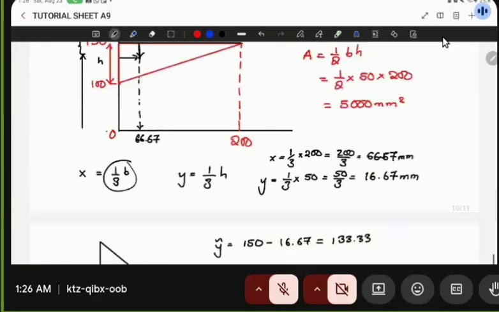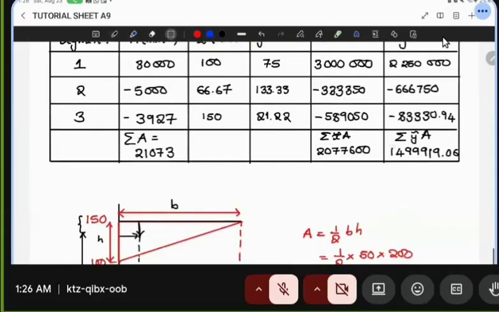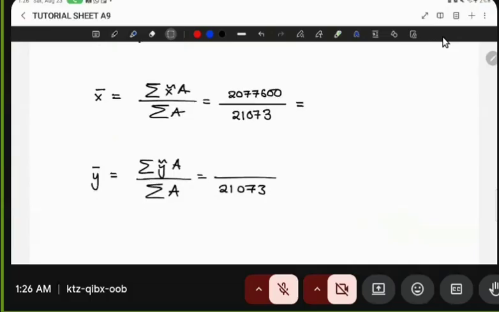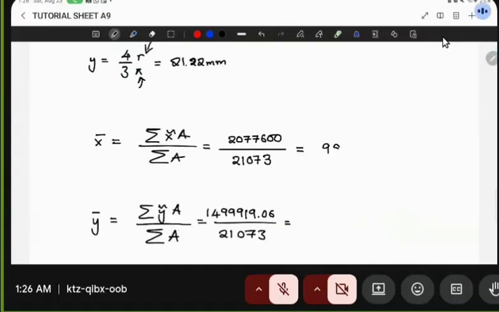Dividing this, 98.59. That's for X. Then for Y, 71.18.